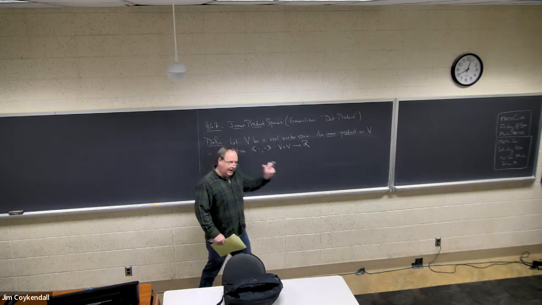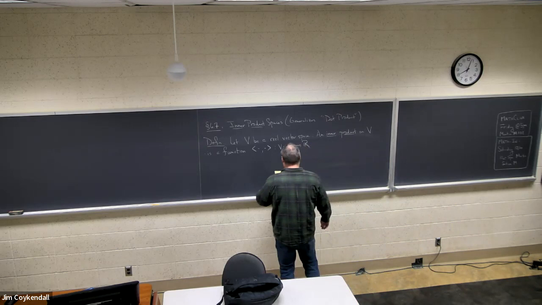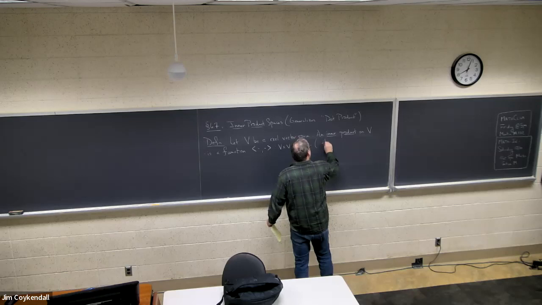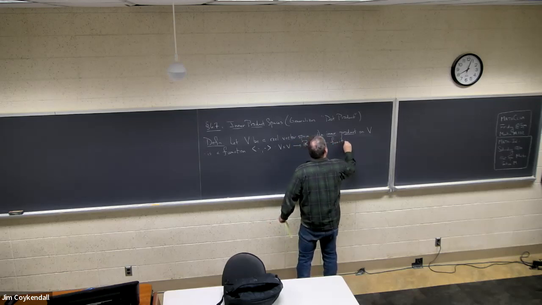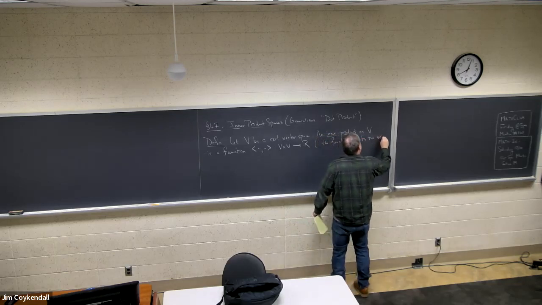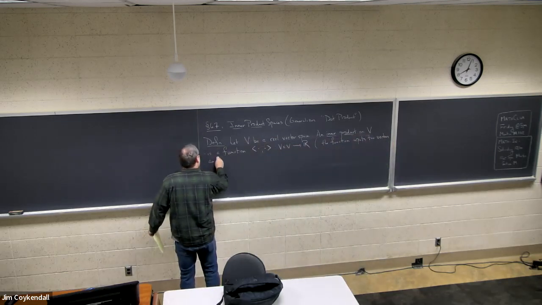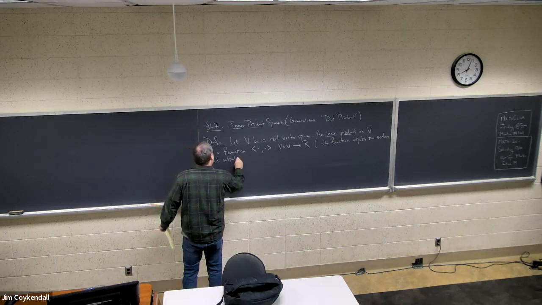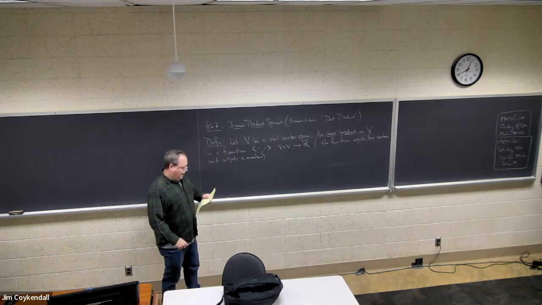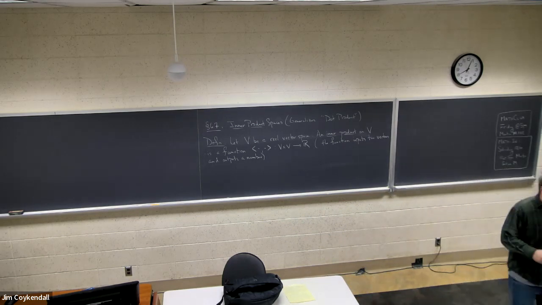So it's a way to take two vectors and get a number out of it. It inputs two vectors, two elements of V, and outputs a number. And not just any function. I want my function to have these nice properties.